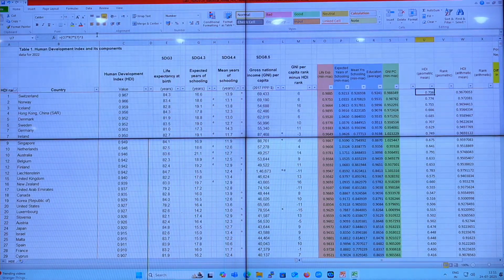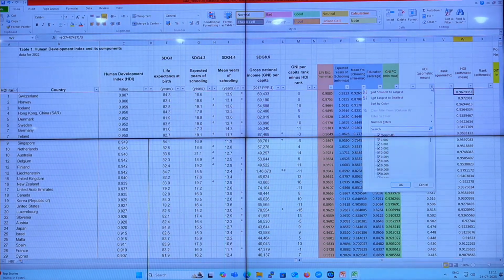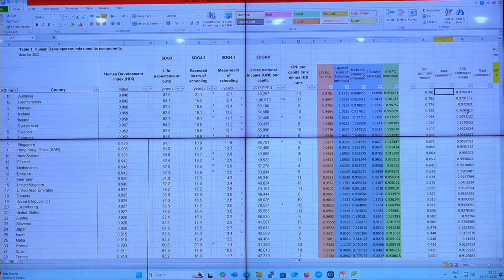You've got the formula for calculating the geometric mean, and hopefully you all know the formula for calculating a normal mean, where you're adding the indicators together and dividing by 3. Then sort on the geometric mean ranking, from highest to lowest.